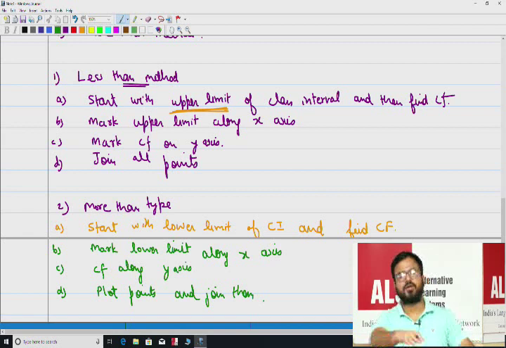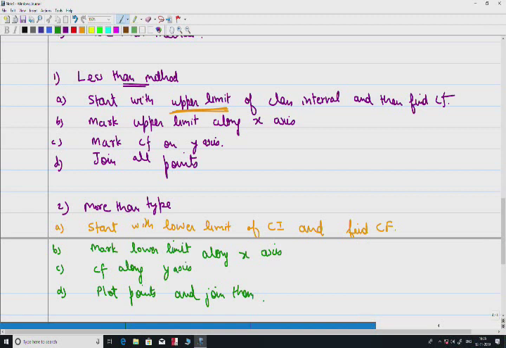Just note it down, these are not so important, because when you do the questions, everything will be clear to you, like how to attempt these questions.